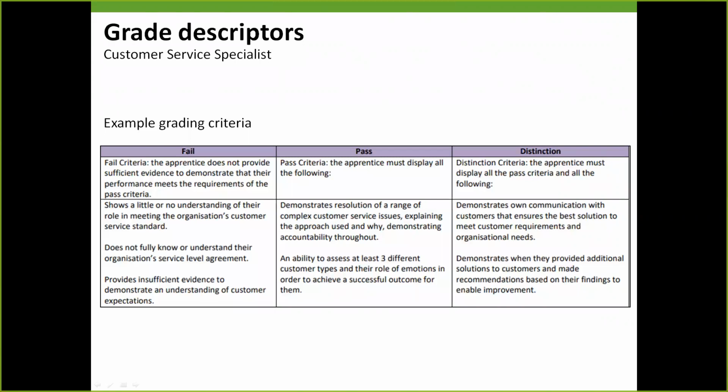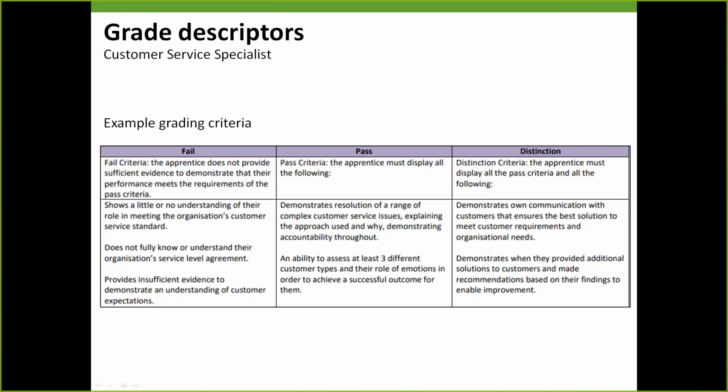Within the context of this, the fail, pass and merit grades are awarded at endpoint. And if an apprentice fails any part of the endpoint assessment methods, then it's a fail. In terms of resets, it basically specifies that if the apprentice fails any part of the endpoint, further development must be provided prior to a reset or retake.